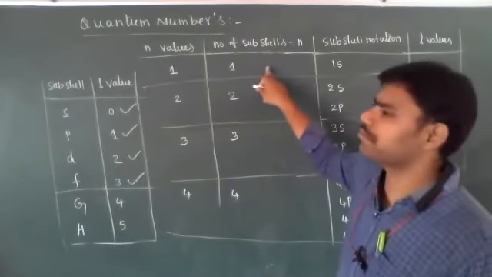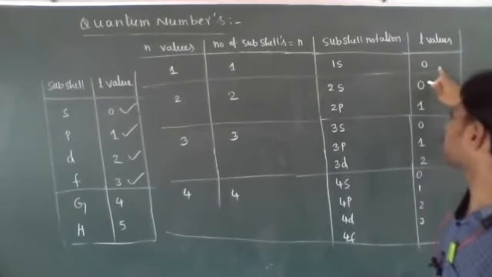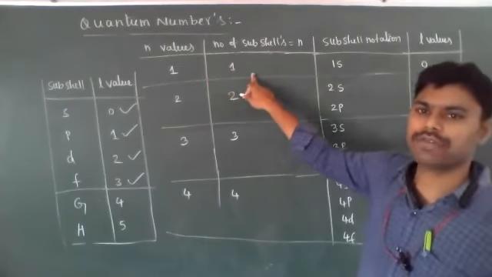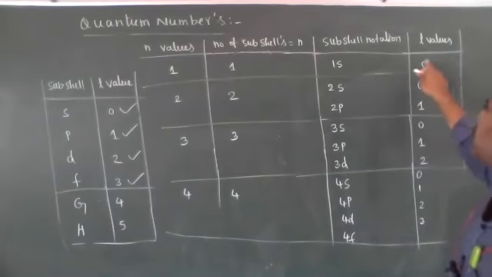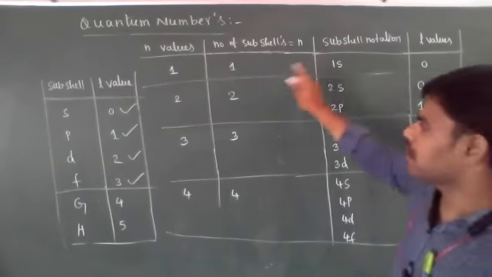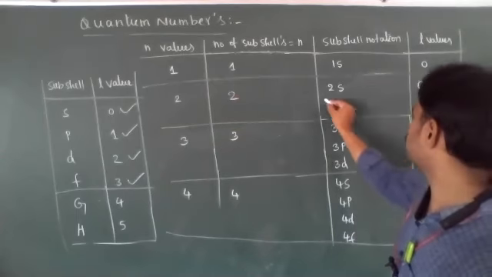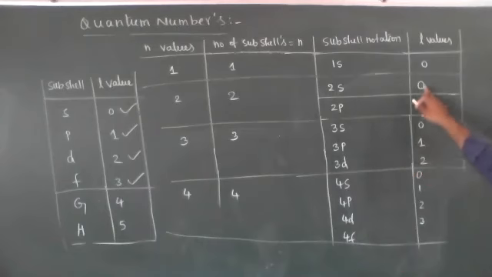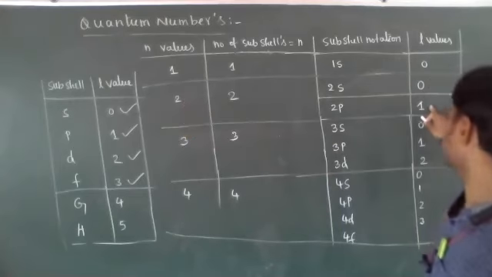Okay, so n value, number of subcells, subcell notations and corresponding L value. n equal to 1, only one subcell is present, that is the 1s subcell, with L value 0. And n equal to 2, two subcells are present, 2s and 2p, with corresponding L values 0 and 1. It cannot be more than n minus 1, which is maximum 1 only.